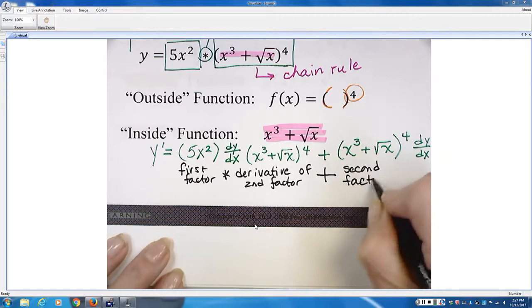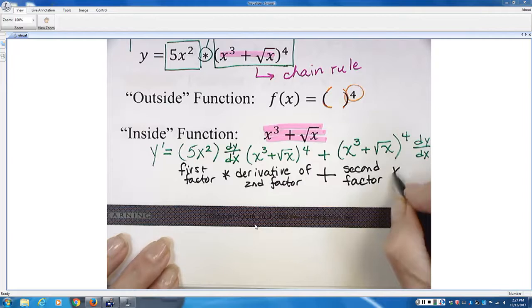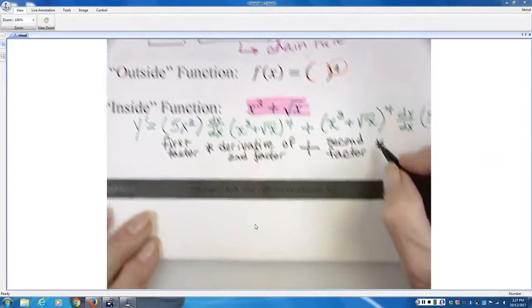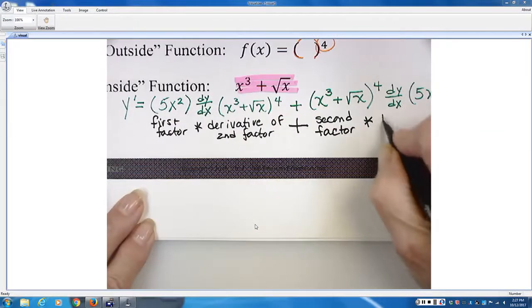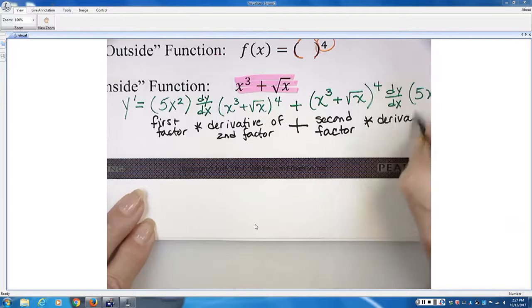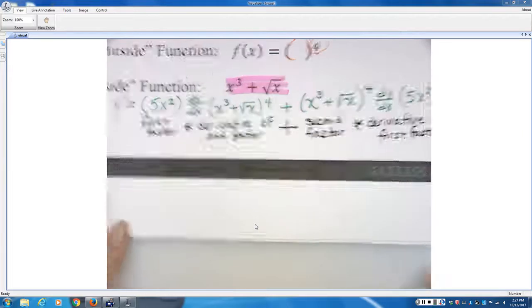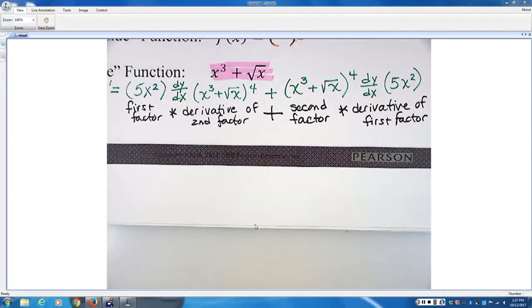That's all it means. Times derivative of the first factor. Okay? So that's the process that we're going to take.